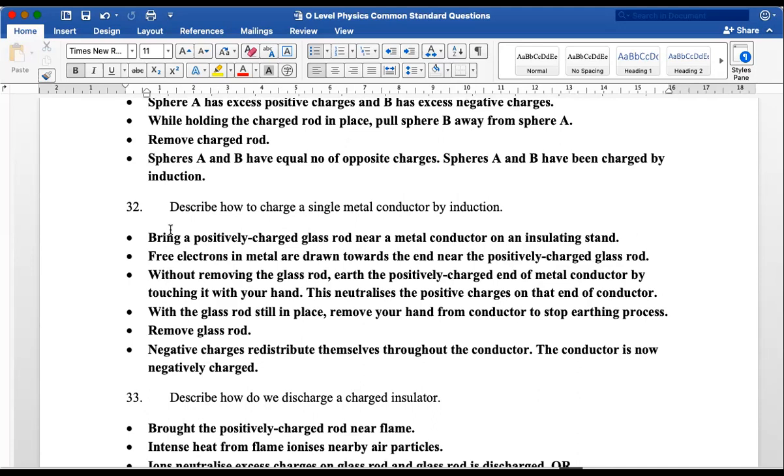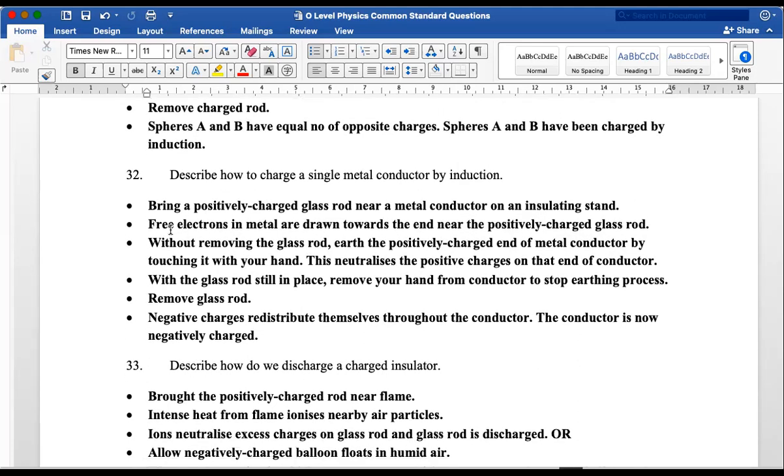This neutralizes the positive charges on the end of conductor. With the glass rod still in place, remove your hand from conductor to stop the earthing process. Remove the glass rod. Negative charges will redistribute themselves throughout the conductor, and the conductor is now negatively charged.